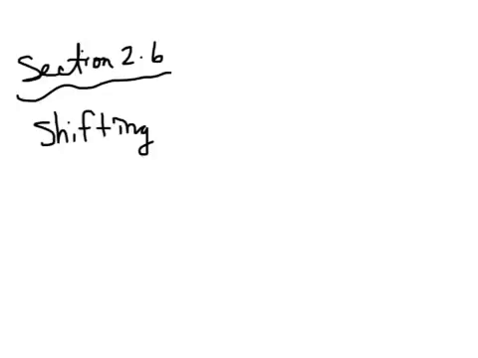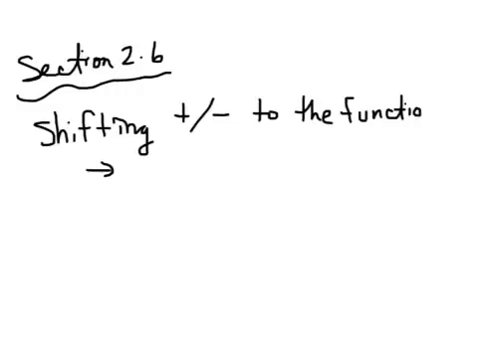Shifting happens when you add or subtract to the function. And there's two different types, either vertical or horizontal. First one we're going to look at is vertical.